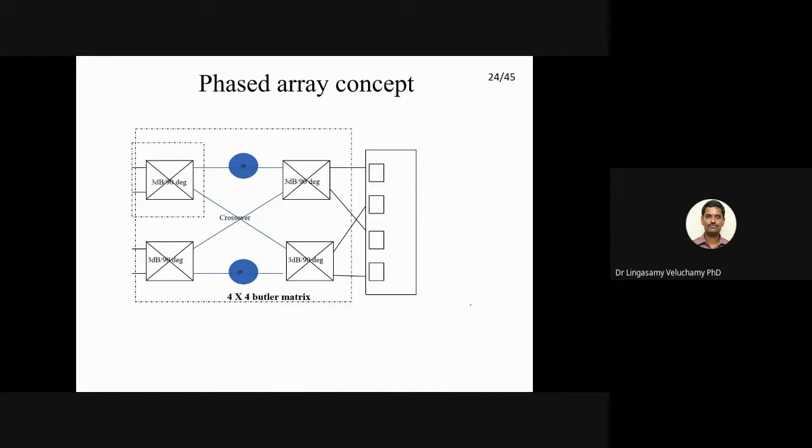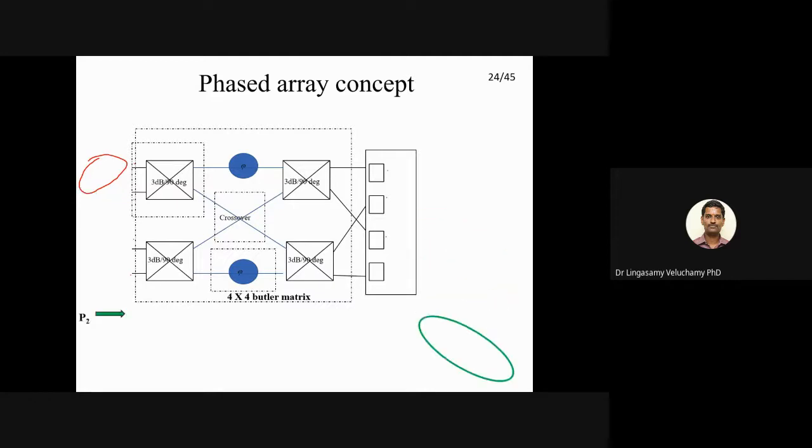You can see phase shifters, crossovers, and other things here. There are 4 ports: 1, 2, 3, 4, and 4 antennas are excited. If you excite this port, you will get a beam like this. If you excite this port, you will get another beam like this. So this is beam switching.